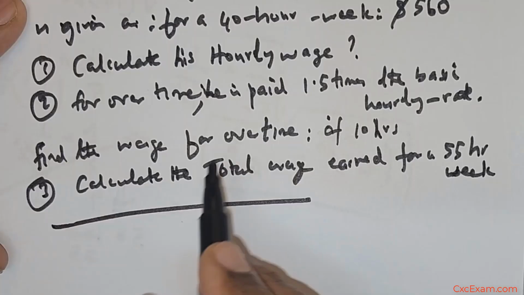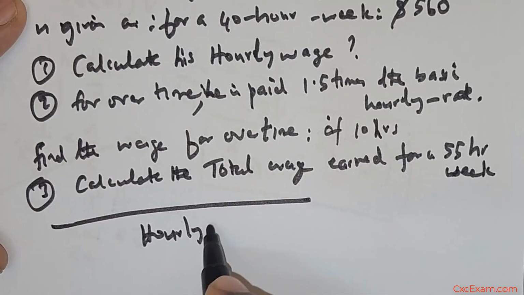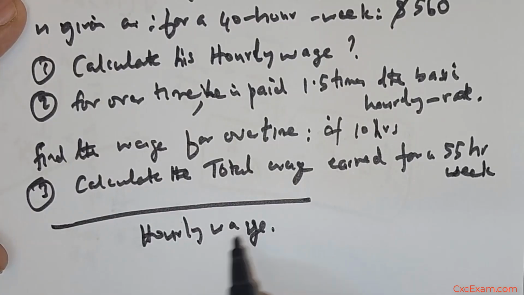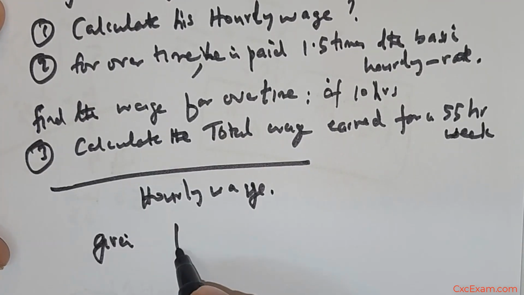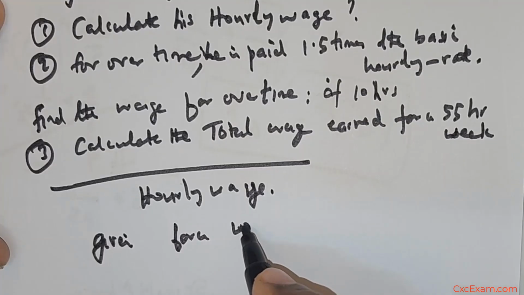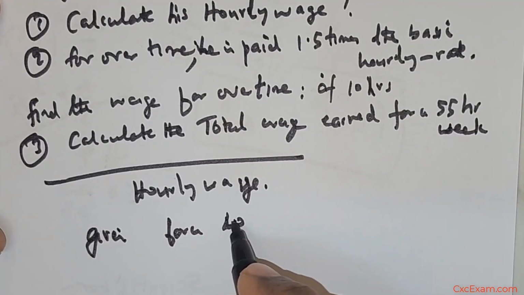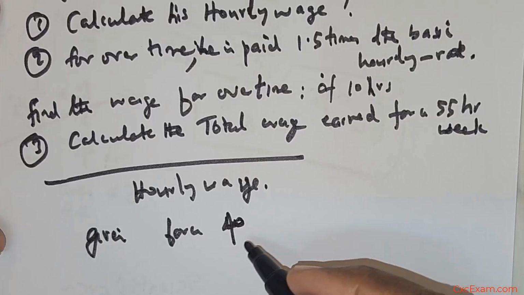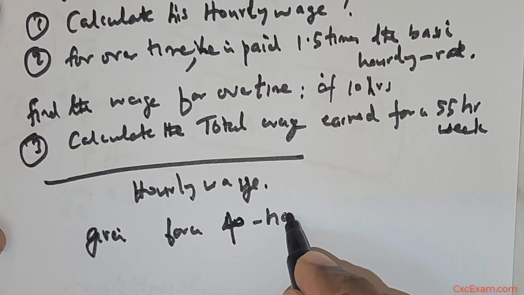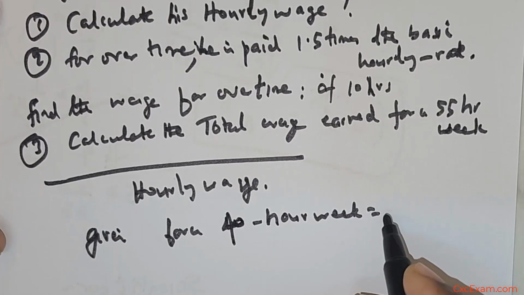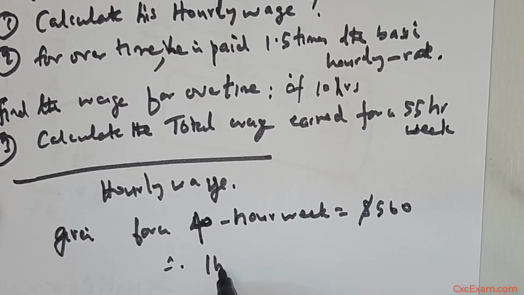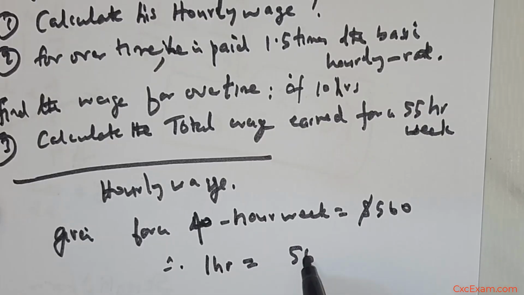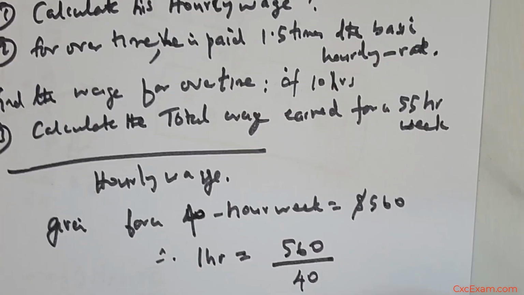So the first point is hourly wage. We have to calculate the hourly wage. So what is the information given? For a 40-hour week, the money given is 560. So therefore for 1 hour you have to divide 560 by 40.